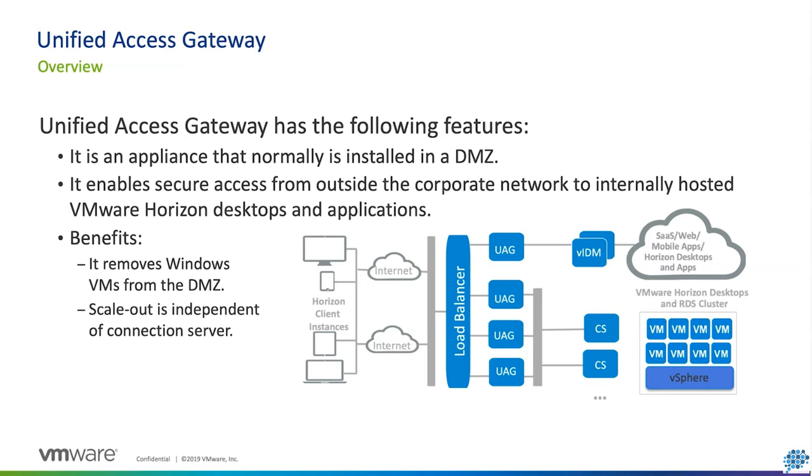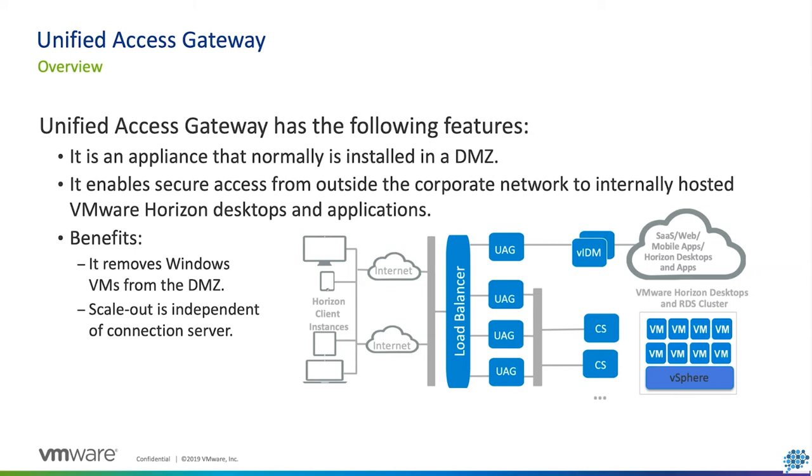Because now we can place 4 UAGs in the DMZ and have 4 connection servers in the backend, and still create a scenario where internet users have a tunneled connection to their desktop over the UAG, while all the internal users use the same connection servers and have a direct connection. That's only possible if we use the Unified Access Gateway. So that's really a design decision that we need to consider.